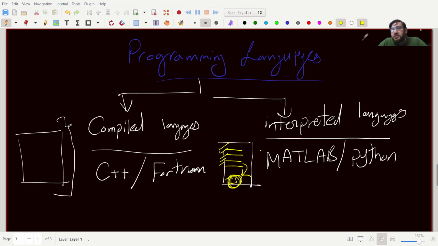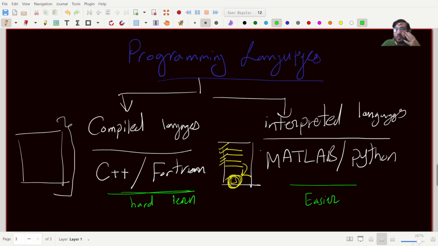Now, there are other differences, of course, but I have only minimal comments about them, and the key ones are the following. Usually learning the compiled languages is a little bit harder. It's harder to learn C++ or Fortran on a first exposure to programming, while MATLAB and Python are much easier for different reasons, which will be discovered as we go deeper into this course.